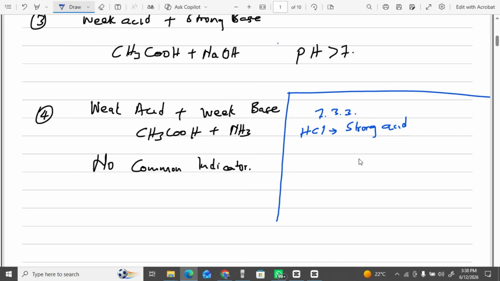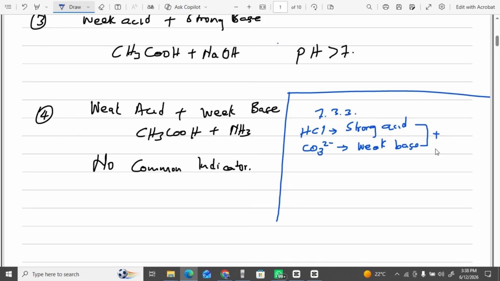And then you identify the base. If you look at the carbonate ion, CO3 2-, this one is going to act as a weak base. And then, therefore, we're going to have a strong acid plus a weak base.